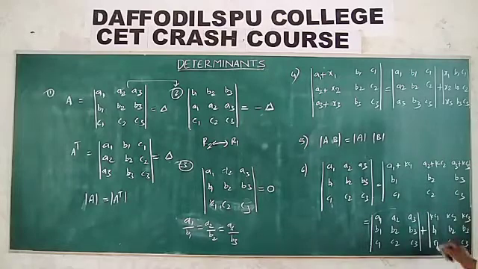Observe the second determinant: the first row and third row are proportional, so its value is equal to 0.